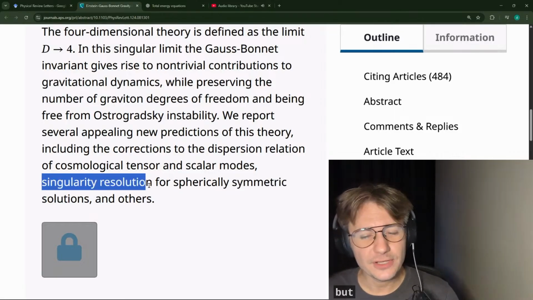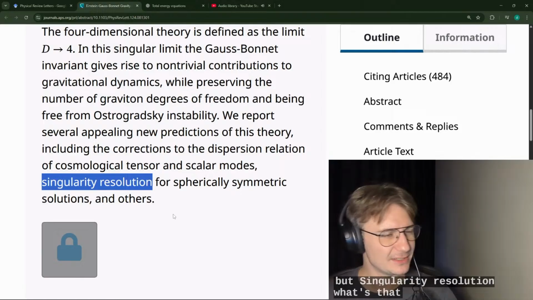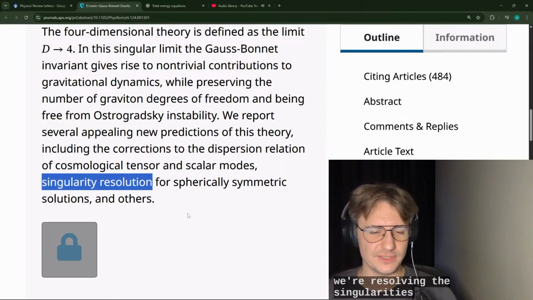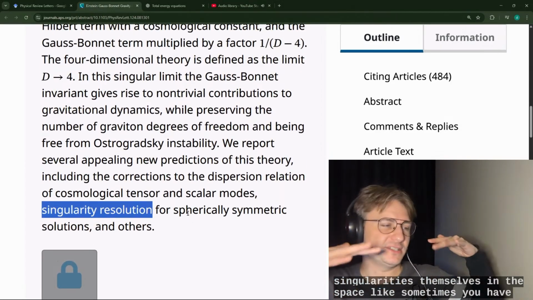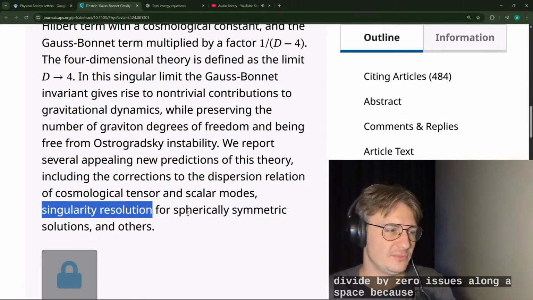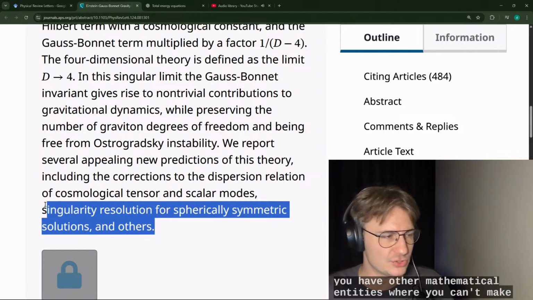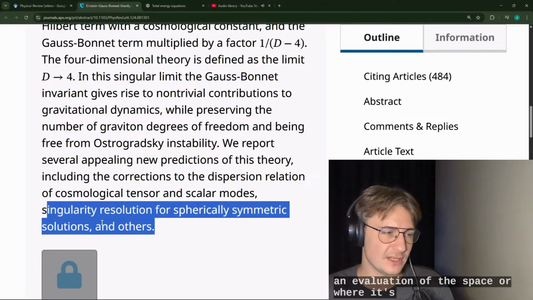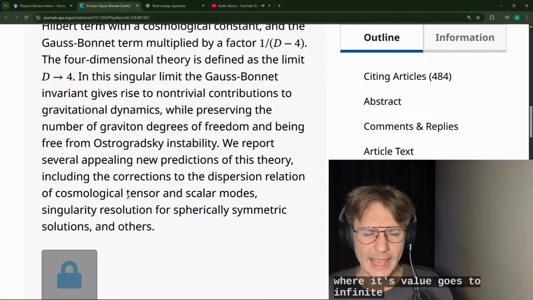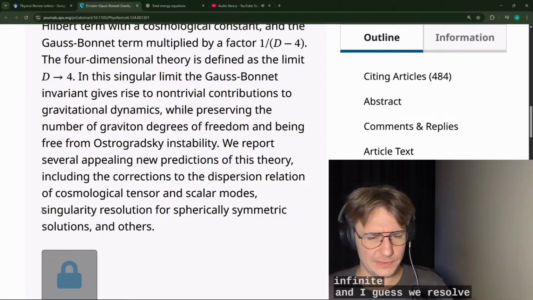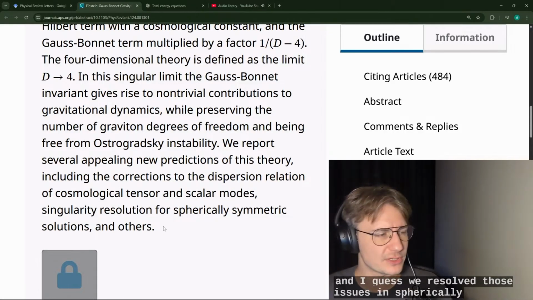But singularity resolution? What's that? We're resolving the singularities themselves in the space. Sometimes you have divide by zero issues along a space because you have poles or other mathematical entities where you can't make an evaluation or where its value goes to infinity. And I guess we resolve those issues in spherically symmetric places.